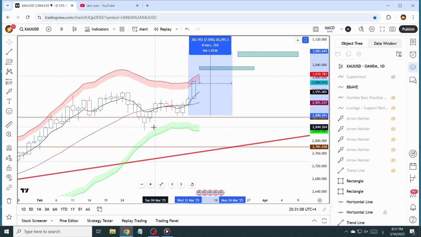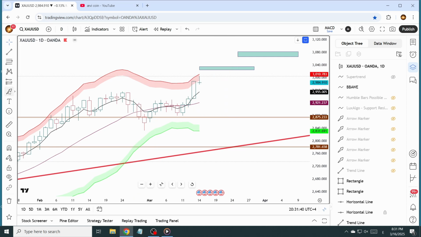So we have an opportunity. We have the gold giving an opportunity to buy. So people bought, a big institution bought, and then they closed partial profit. They took another position, and then we have the continuation of the gold to the upside.